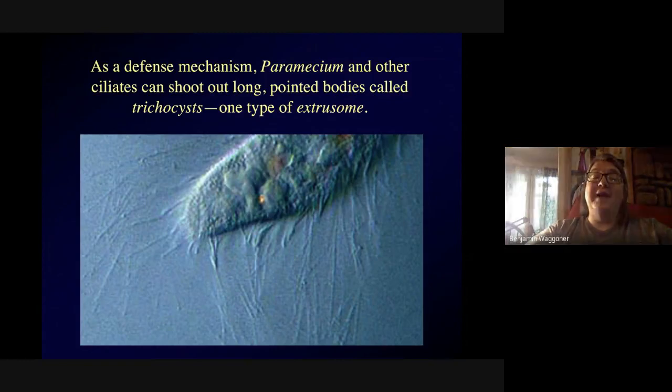These are just bodies underneath the plasma membrane that Paramecium can shoot out as a defense mechanism. And there you see a Paramecium that has already shot all of them out. Those long, vaguely spiky looking hairs are the trichocysts, not the actual cilia, which are much shorter.